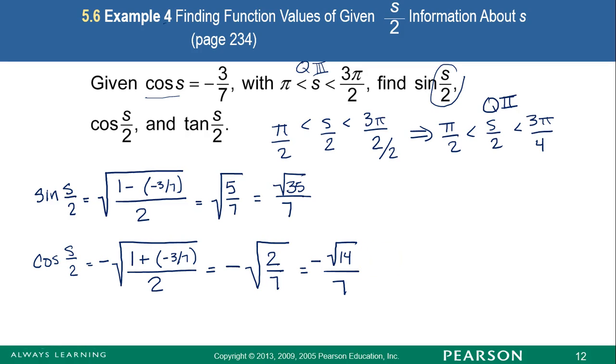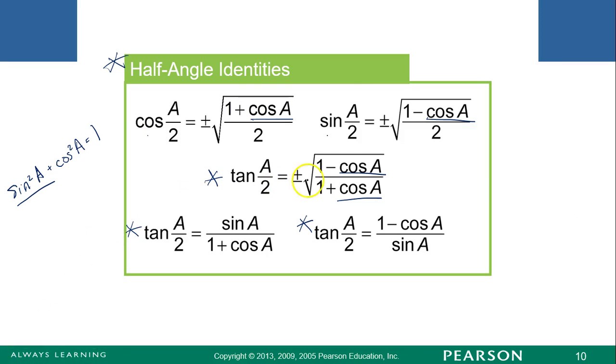Now let's find the tangent of s over 2. And again, we could use this one right here. Since we are given cosine of s, we can plug that into this.